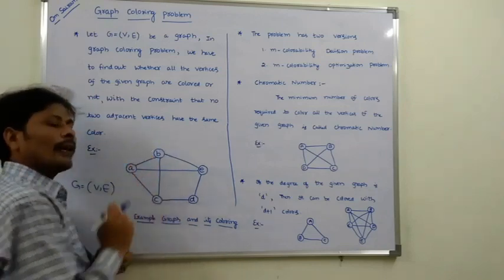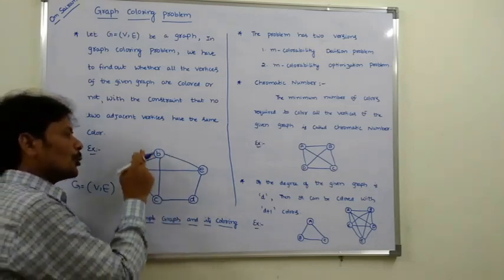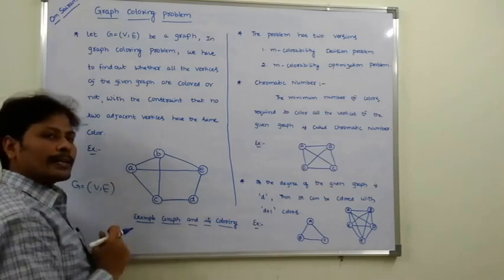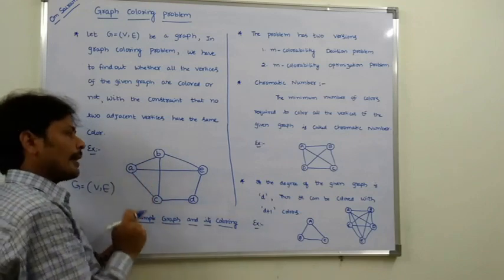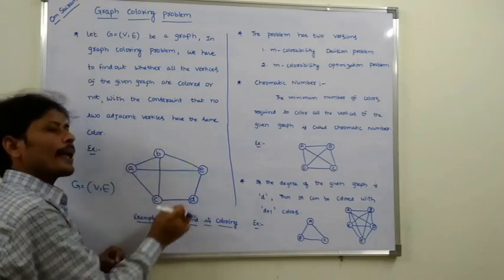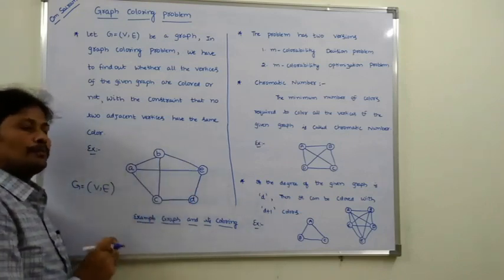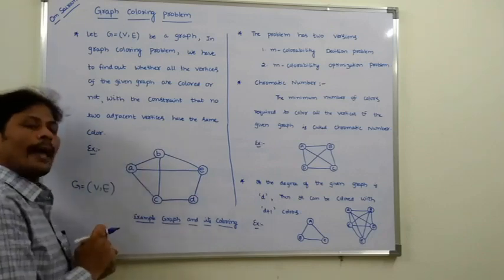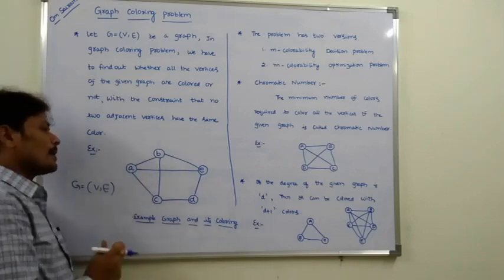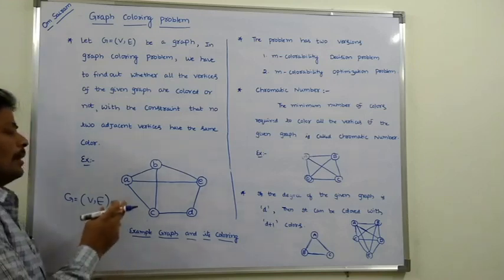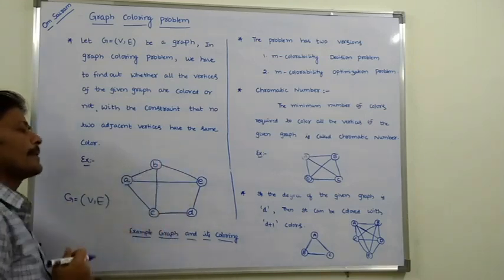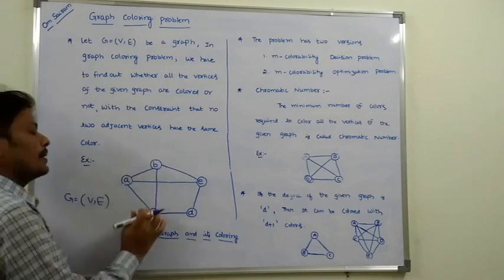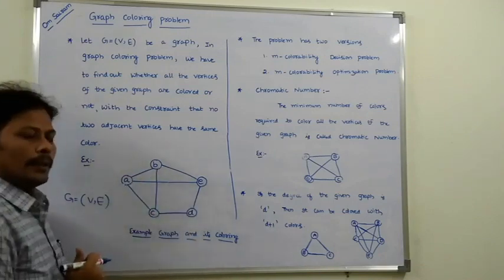Here our graph coloring problem is to color all the vertices of the given graph, and the constraint is that no two adjacent vertices have the same color. Suppose we consider the given graph. There are 5 vertices: A, B, C, D, E.